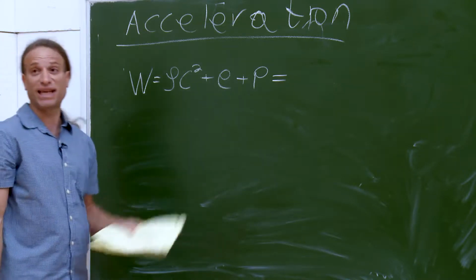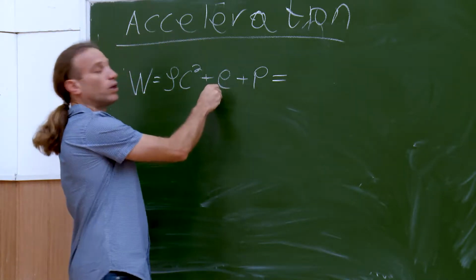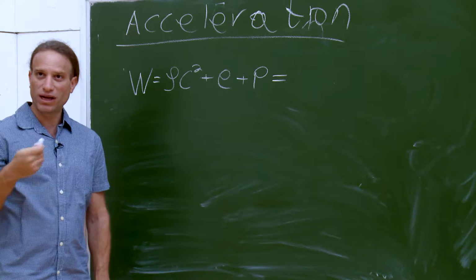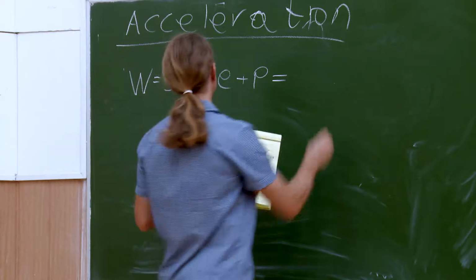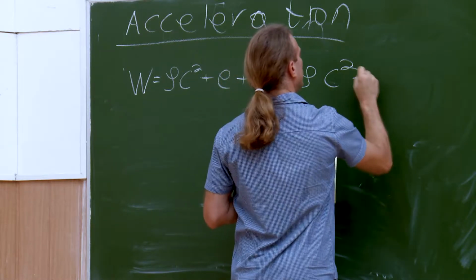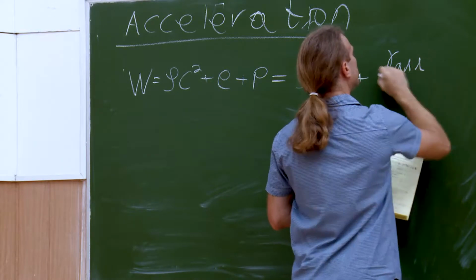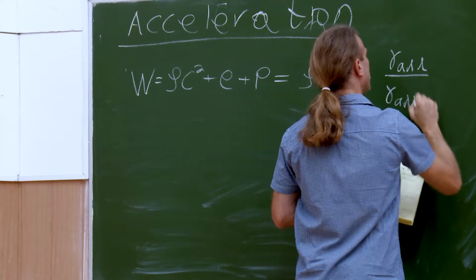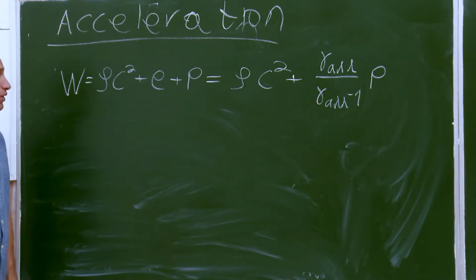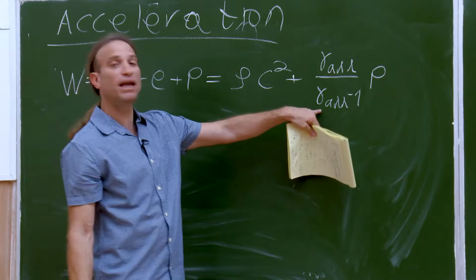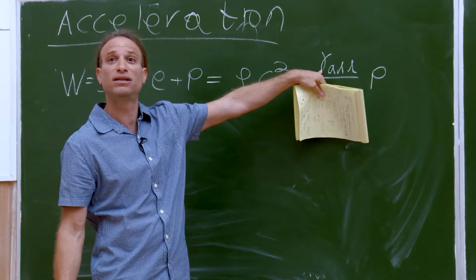This is just the equation of state, which will tell us that P is equal to E divided by 3 because we are in a relativistic regime. So this is equal to ρc² plus γ_ad divided by γ_ad minus 1 times P. This comes from the equation of state. And when we're dealing with a gas with a relativistic equation of state, what is the value of this? Anybody knows?